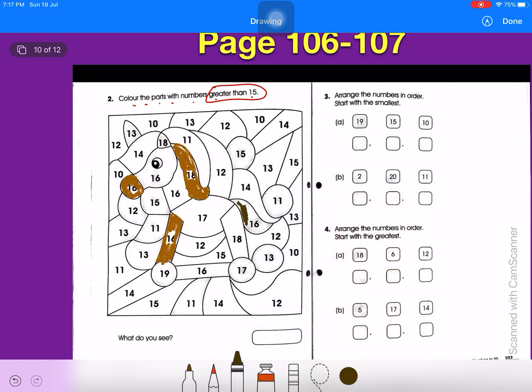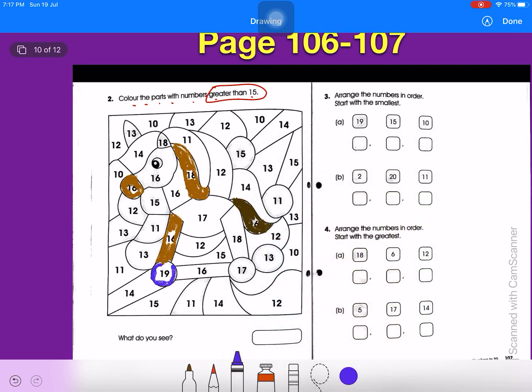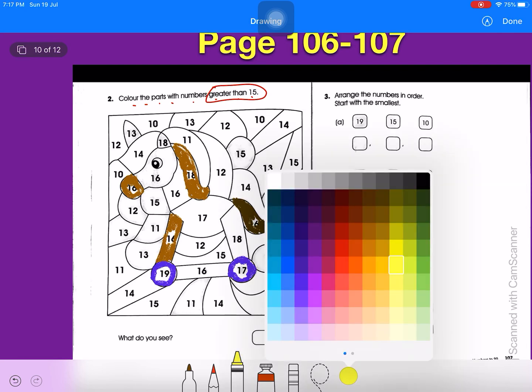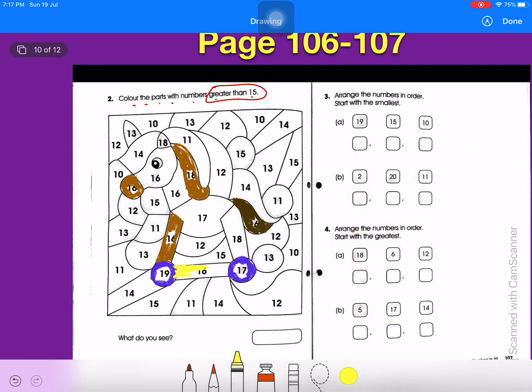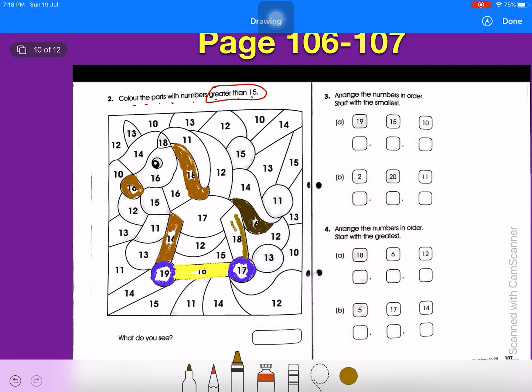This one also. 16 is greater than 15. Now can color already.